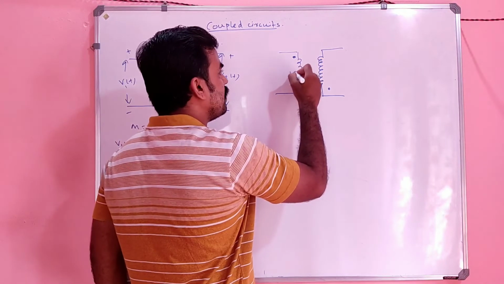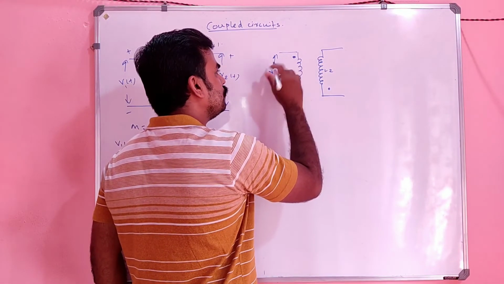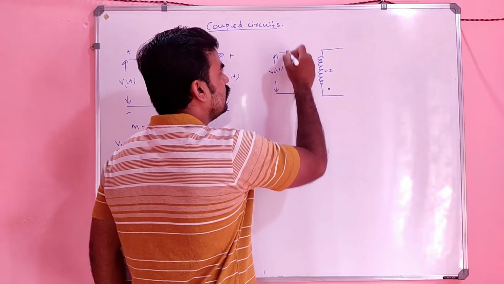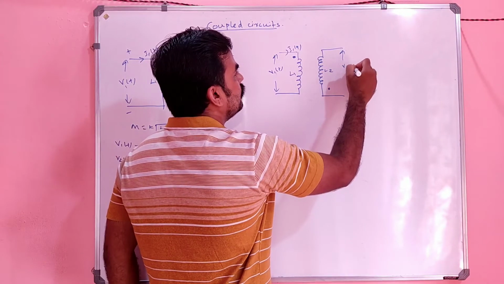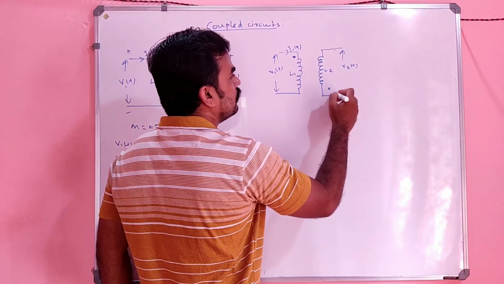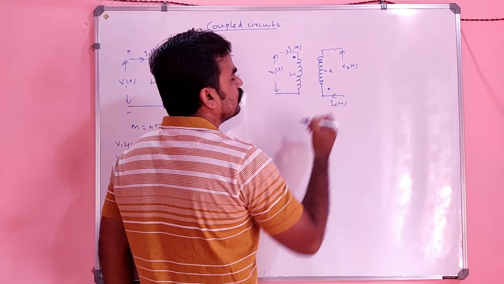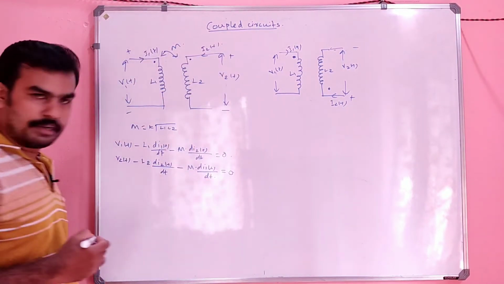In the same manner, L1 and L2 and all the rest will be the same: V1 of t and this is I1 of t, and similarly V2 of t and this is I2 of t, right? This is I2, this is minus, this is plus. This will be the diagram.